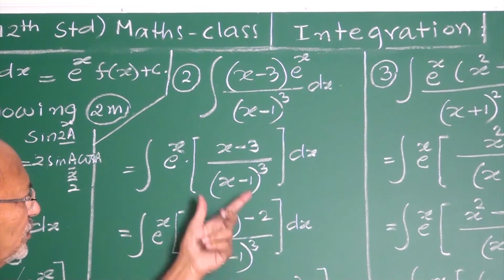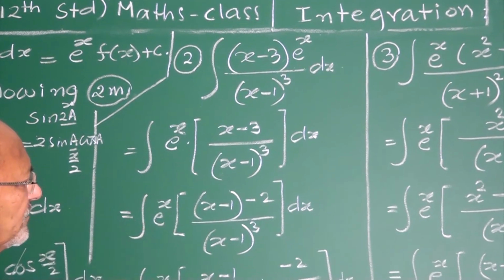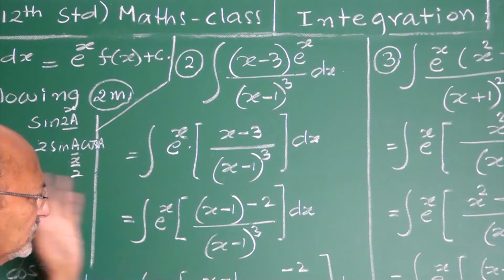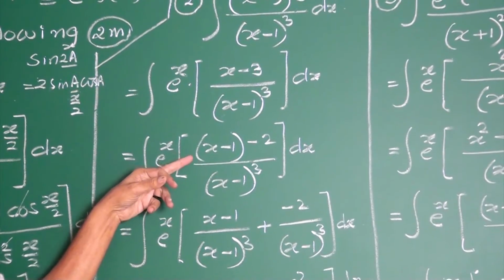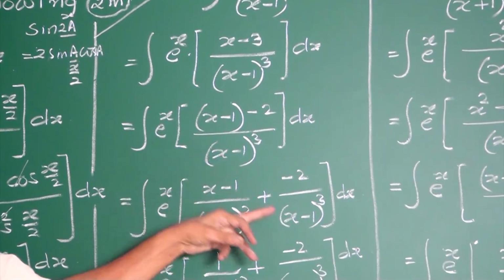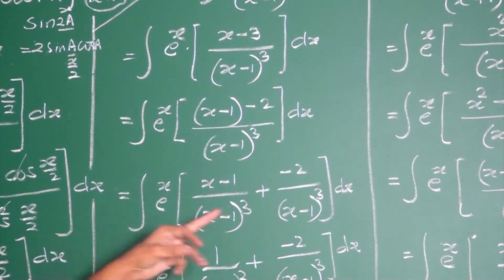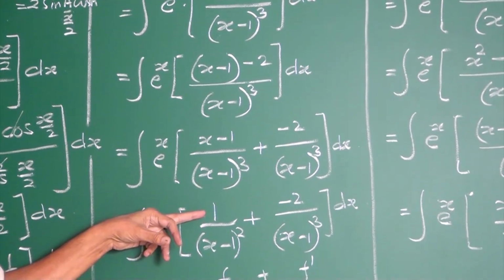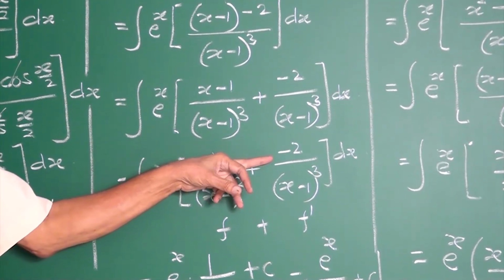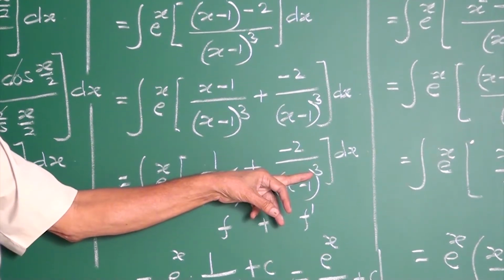Minus 1 minus 2 is minus 3. This minus 3 is split as what? Minus 1 minus 2 upon x minus 1 the whole cube. Like previous: first term divided by denominator plus minus 2 divided by the denominator. Yes. X minus 1 cancels, you are left with 1 upon x minus 1 the whole square plus minus 2 upon x minus 1 the whole cube.